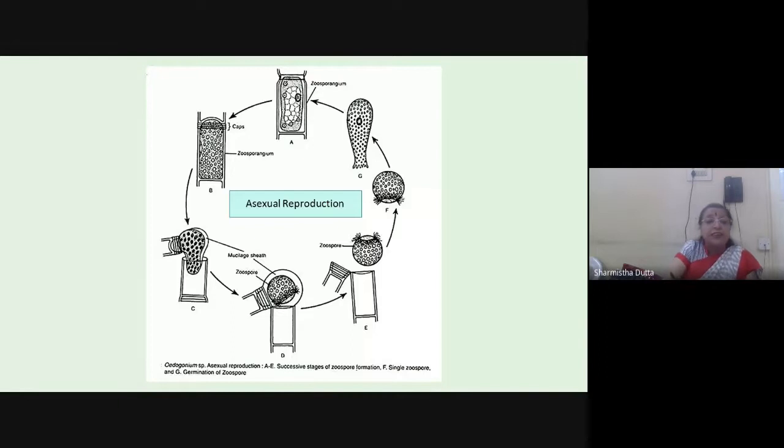Very important is the reproduction. Now, asexual reproduction happens by means of formation of zoospore. Now, why is it asexual reproduction? Because there is no fusion of gametes taking place.